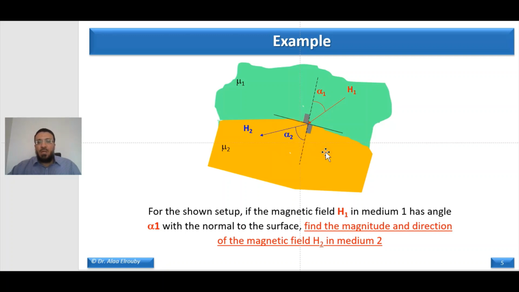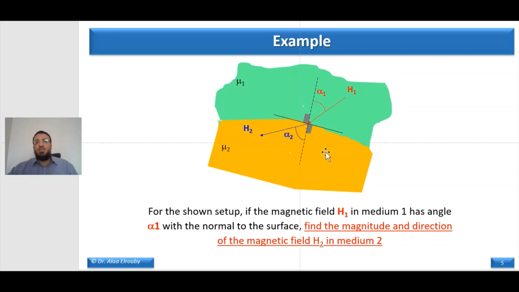Now I would like you to pause this video and try solving this problem yourself. Give yourself the time. You can go back to the previous slides and see the boundary conditions. The boundary condition on the normal component: B normal 1 equal B normal 2.